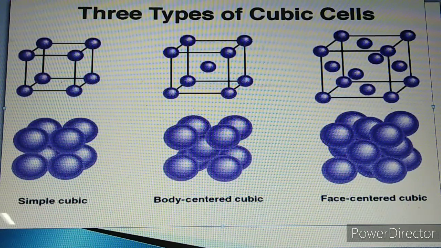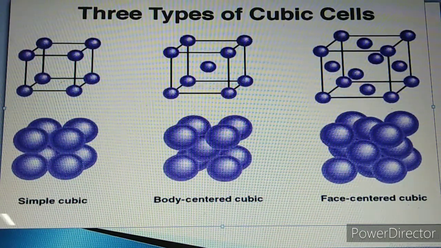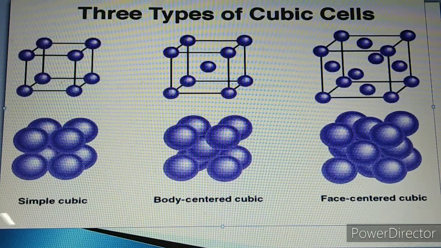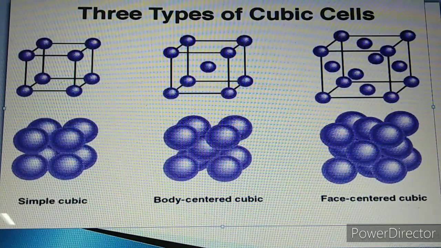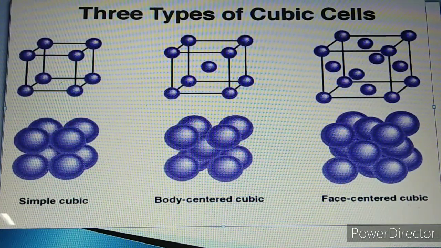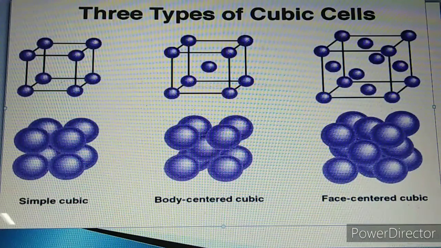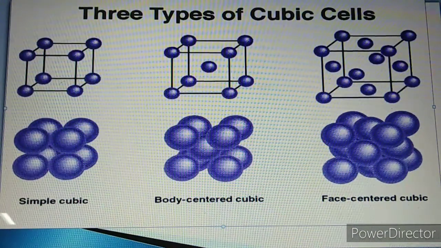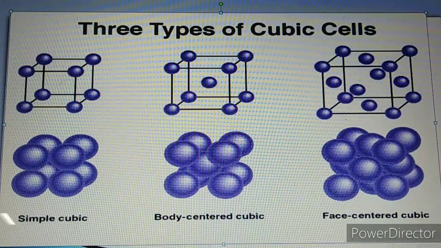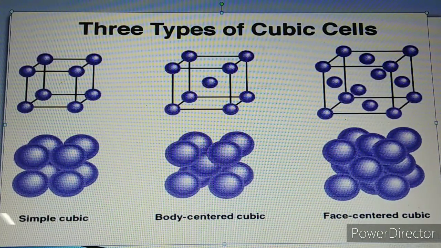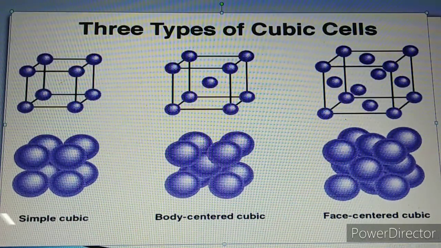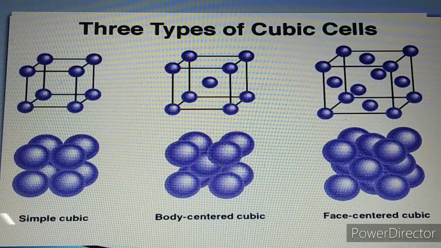Also in the previous video we learned the number of constituent particles present in simple cubic, body centered cubic and face centered cubic structures. The number of constituent particles in a simple cubic cell is 1.